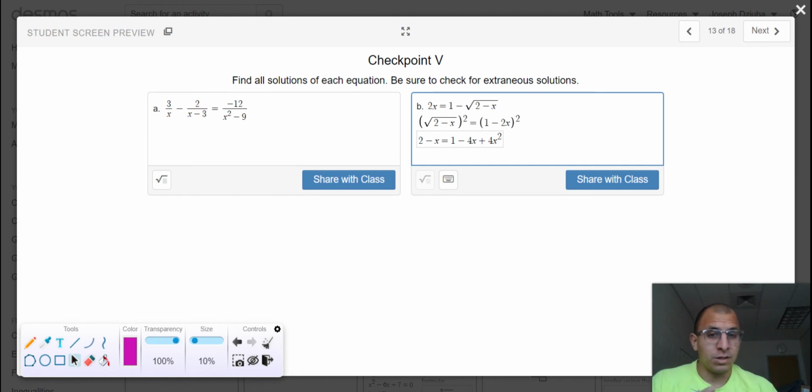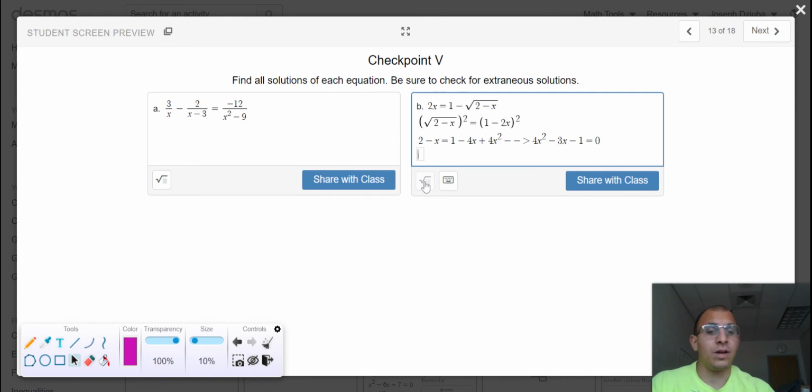I have a quadratic, so I should collect all of my terms on the same side and set it equal to 0. Therefore, I would be able to factor it. So the final expression is 4x squared minus 3x minus 1 equals 0. Factoring this is a little bit of a doozy because we have a leading coefficient that's not 1.